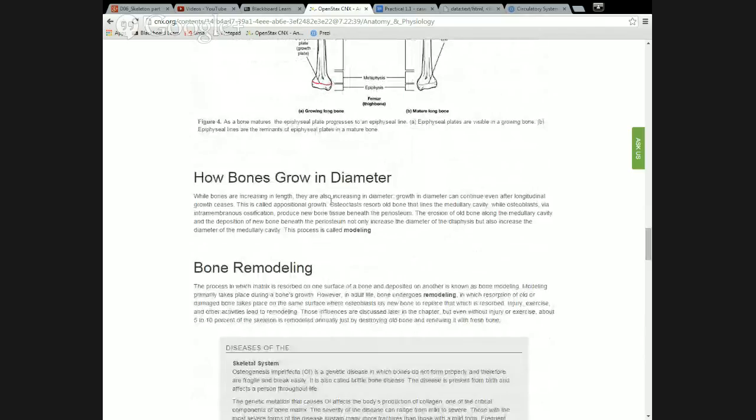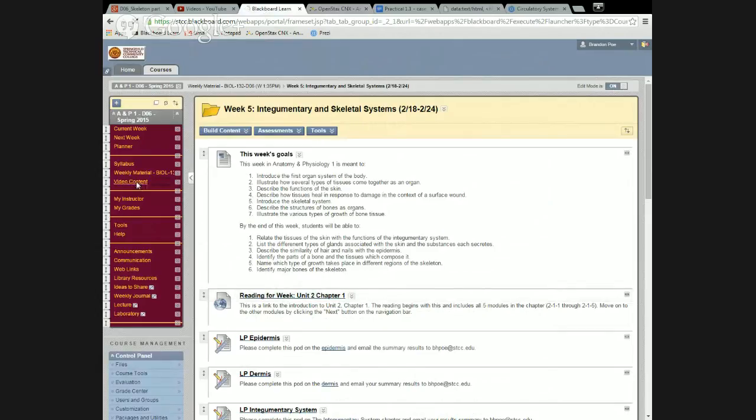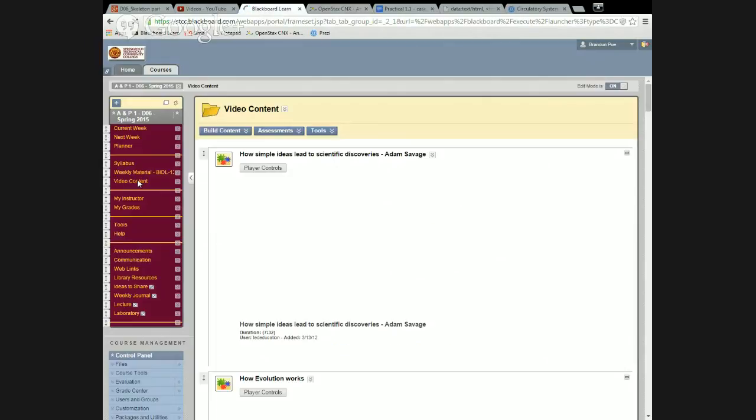Bones grow in diameter through a process that isn't explained here so well. So to supplement what the book says, on Blackboard in the video content area, there's a very short little video that I've posted.